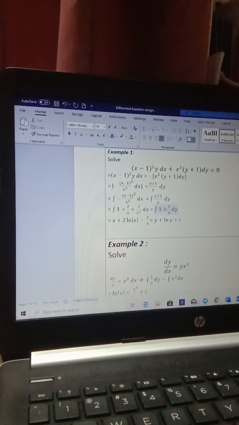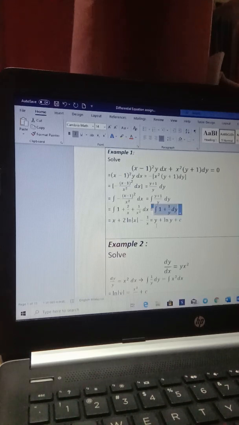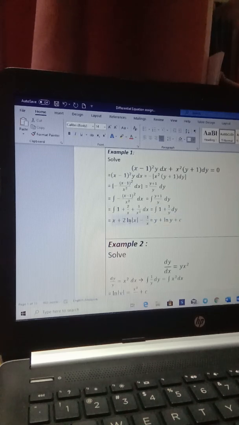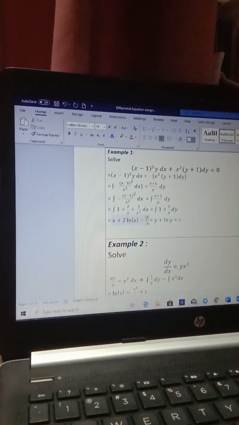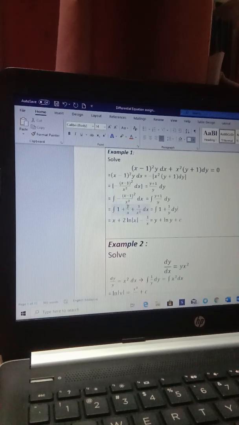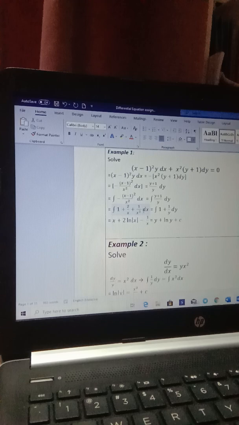As this is very simple, we just integrate and we will get the answer x plus 2 ln x. Why 2 ln x? As we know, integrating 1 over x becomes ln x. So 2 will be outside because it is a constant, so 1 over x, and we just integrate as usual.